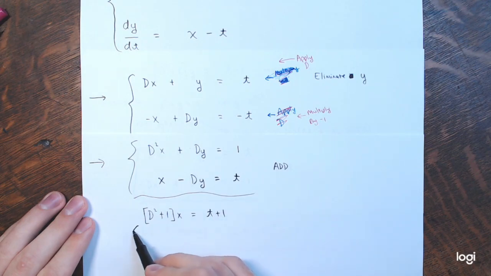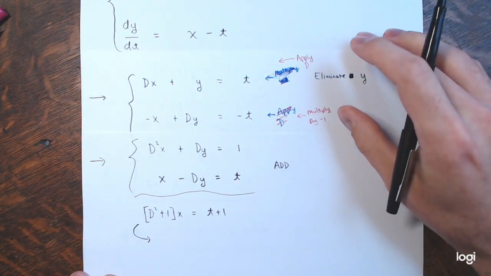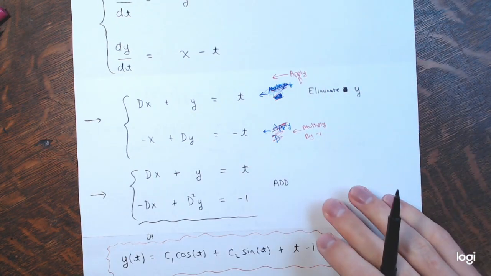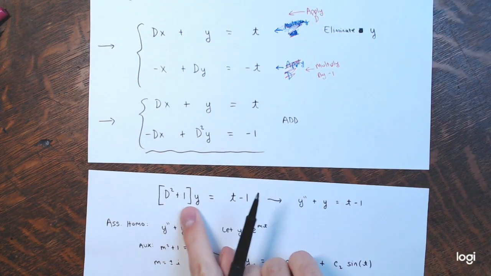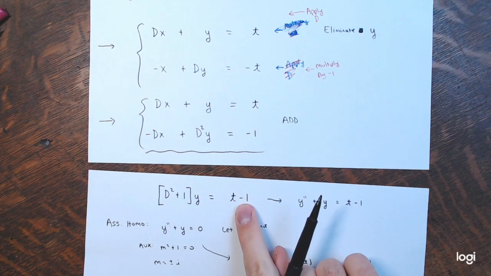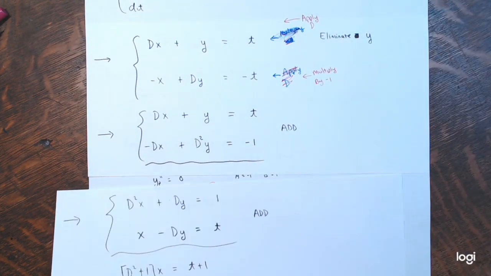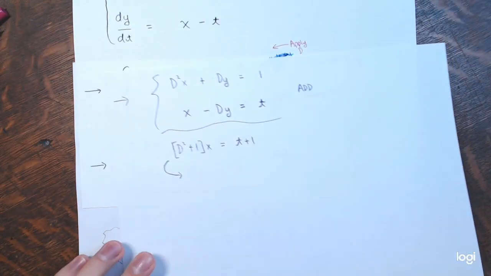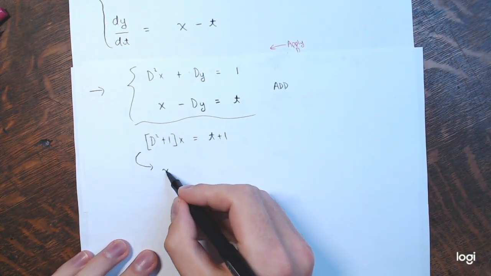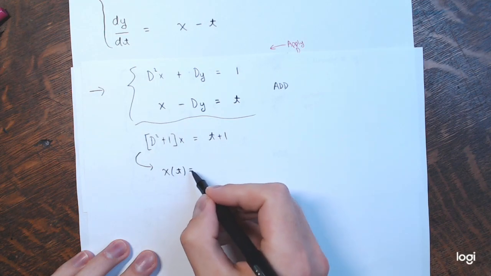Now this is very similar to the equation I just had with y, but instead of t minus 1, it's t plus 1. So I'll leave it to you to show that x of t is going to look like the following.